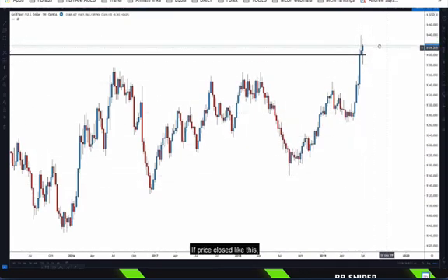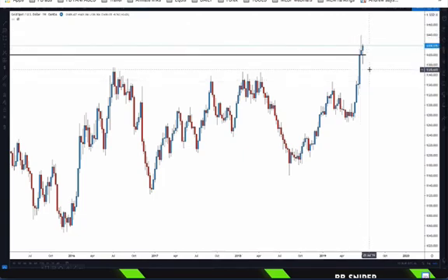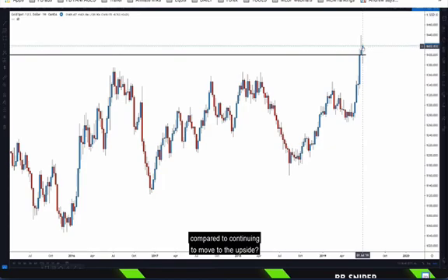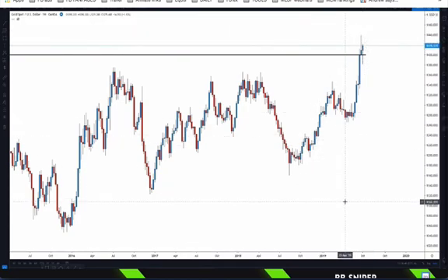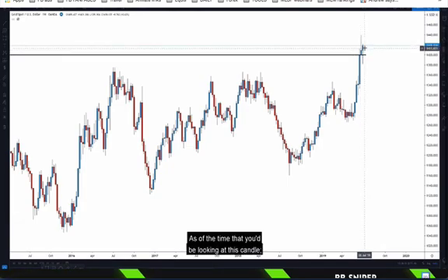If price closed like this, what are the probabilities of us selling off compared to continuing to move to the upside? Higher open, higher close. As of the time that you'd be looking at this candle, higher open, higher close.